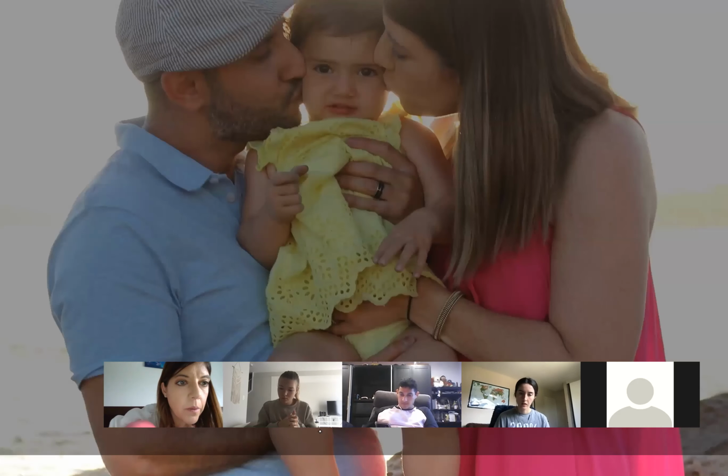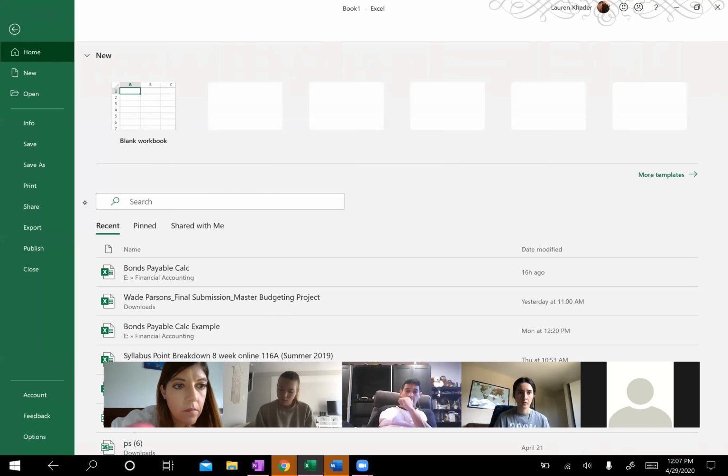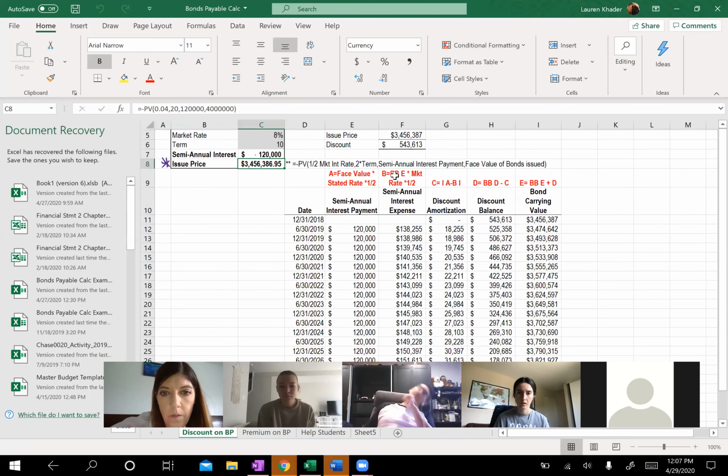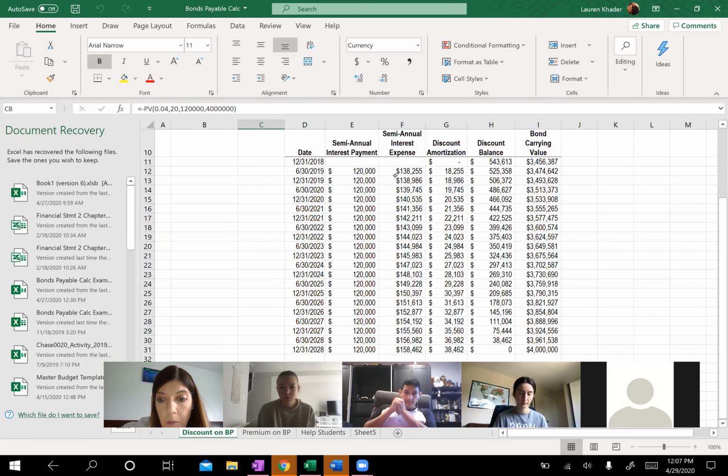Oops, looks like I have to open it. Here's the rest of that amortization schedule. At maturity, the discount balance equals 0.